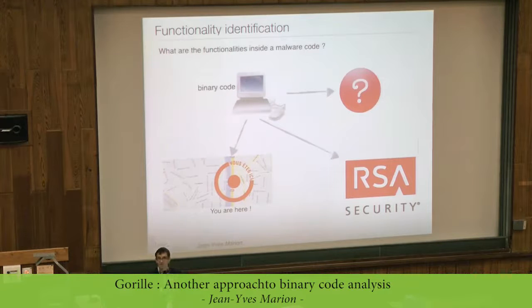Is this a friendly game or not? The answer is up to you. But in some sense, it would be nice to detect in an automatic way what functionality is hidden inside a binary code. That's why we are trying to do that. For example, geolocalization functions or cryptographic functions or whatever you want.